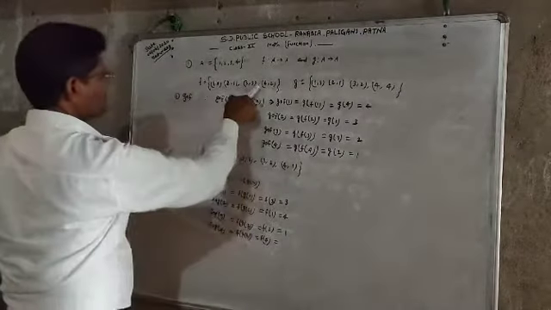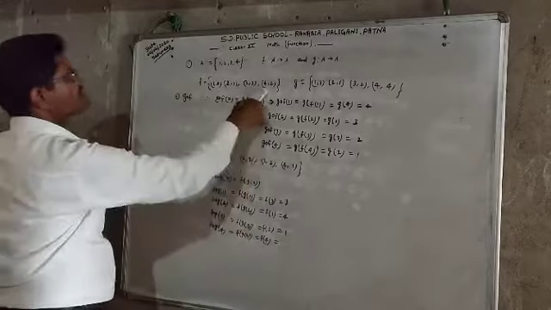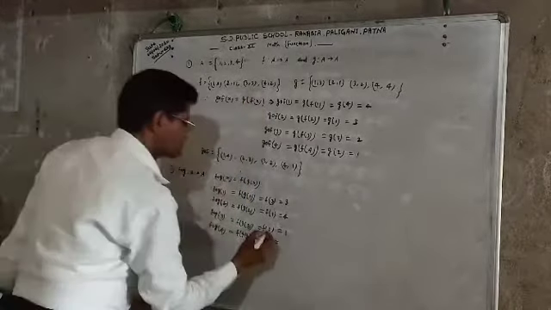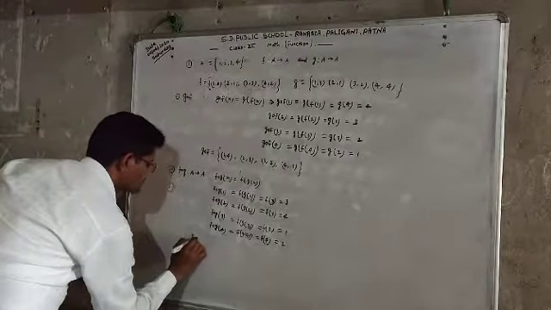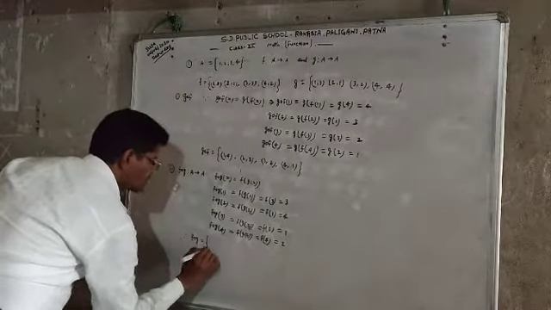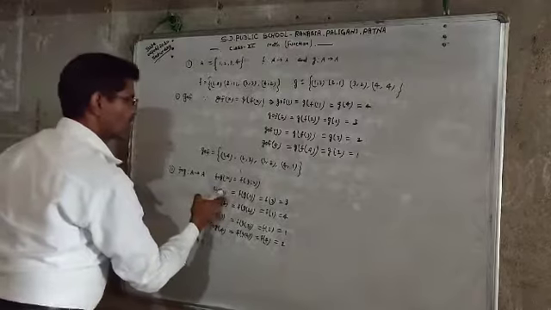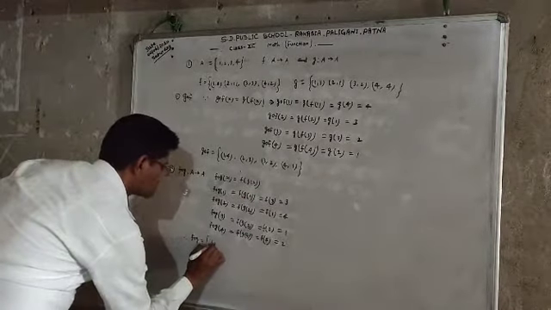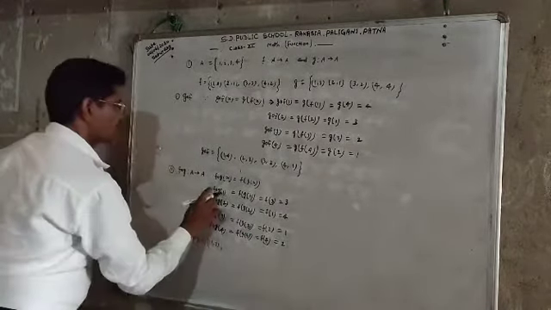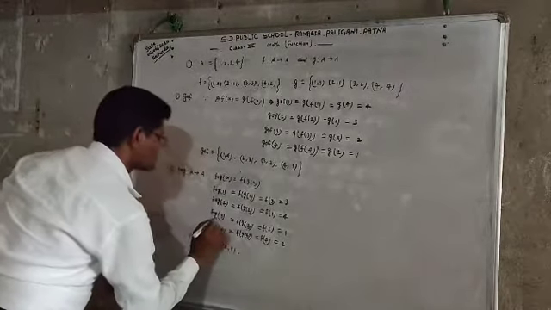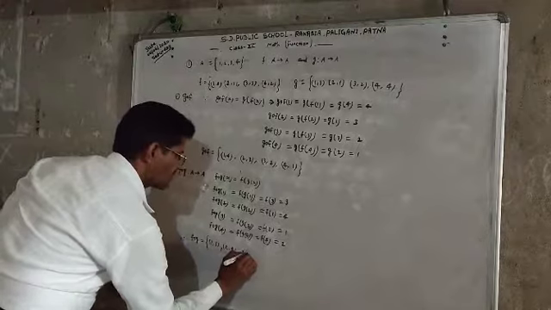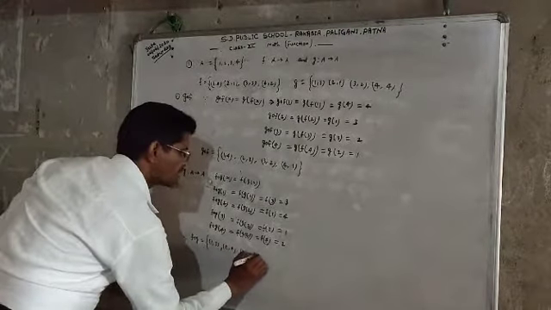F4 from the first function, the image of 4 is 2, means f4 equal to 2. Therefore, FOG is a function whose elements are: 1 is related with 3, 2 is related with 4, 3 is related with 1, and 4 is related with 2.